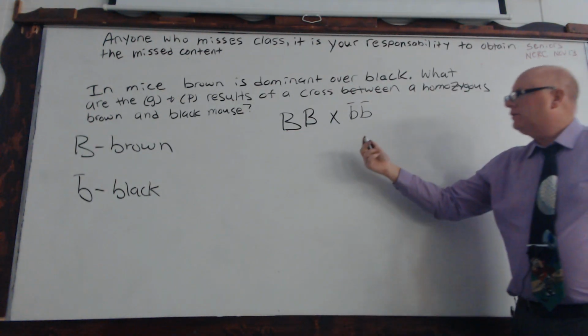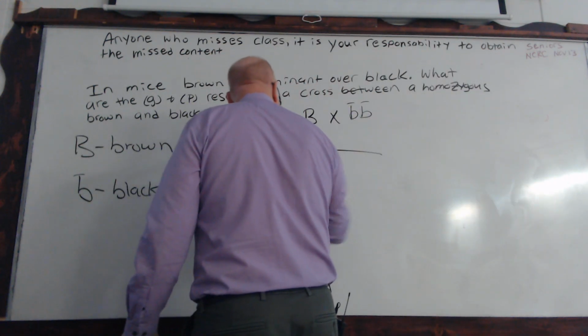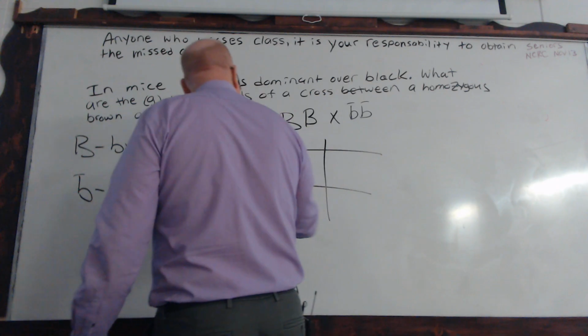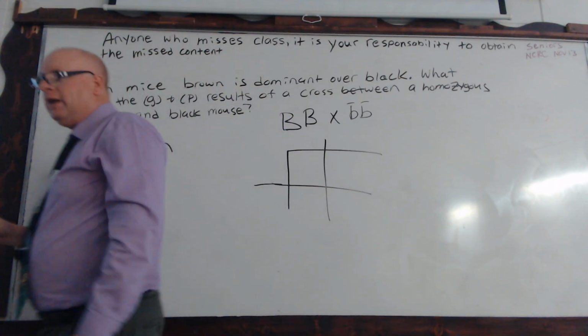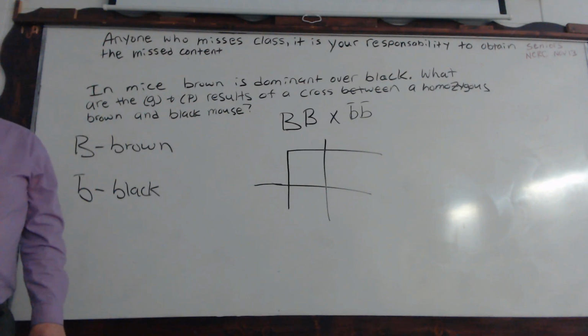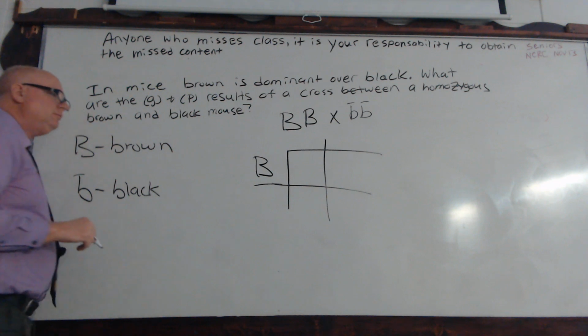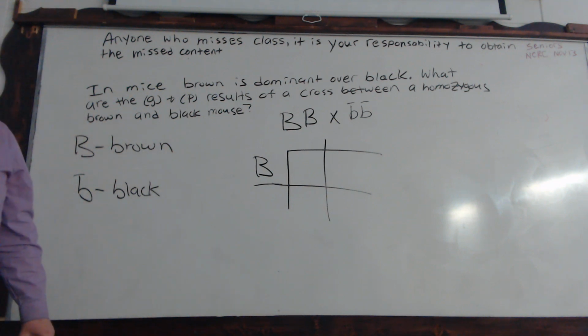So now we just go ahead and do our cross and our Punnett square. What two letters do we put on the left side? Well, I know they're all B's. Okay? So capital B and lowercase?